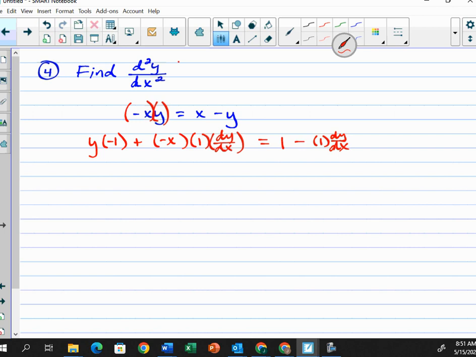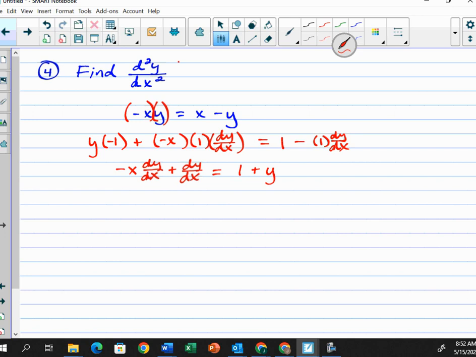What do you think we're solving for? Oh, yes. So I'm going to write negative x dy dx, and then I'm going to bring over plus dy dx. And on the other side, I will have 1 plus y. I just moved things. I got rid of some parentheses as well.